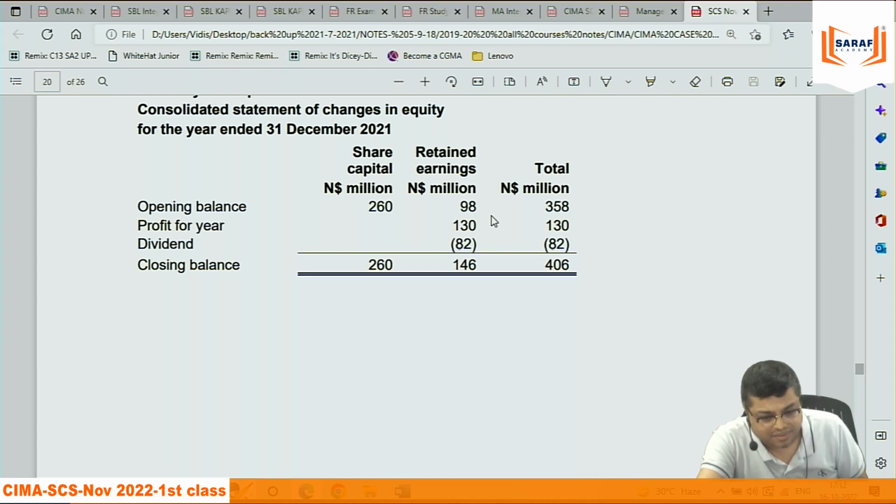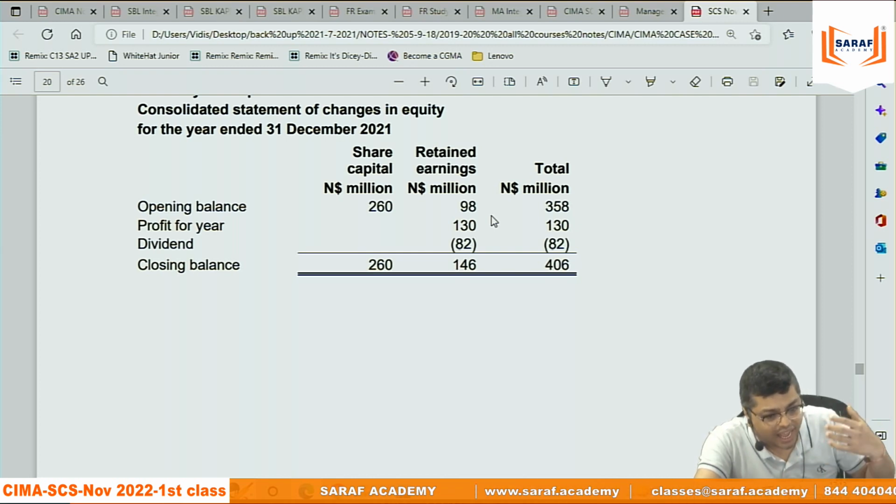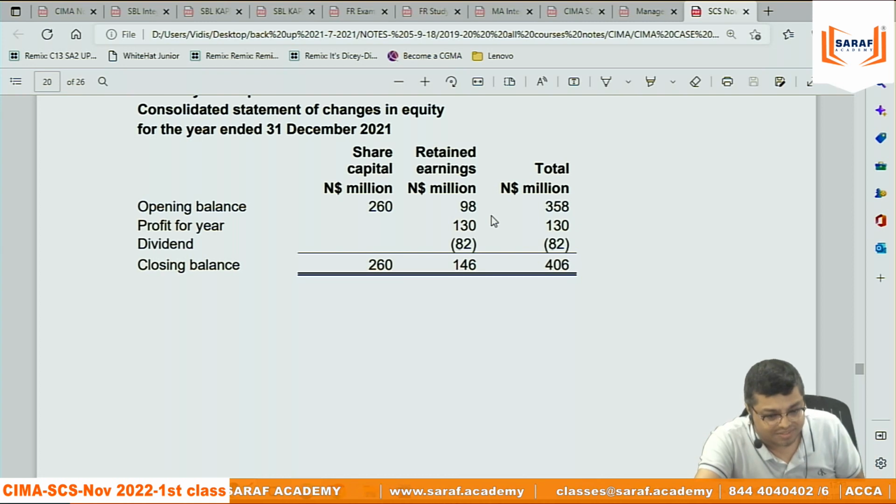Both are correct. Your logic is different, my logic is different, both are correct. But we can't say that because of information deficiency we are saying this, since we are the senior finance manager of the company. So it's not an exam. It's asking you as the senior finance manager of the company. So nobody can write that because of information deficiency, I cannot write this; that is not allowed.